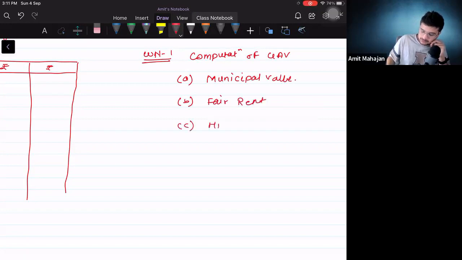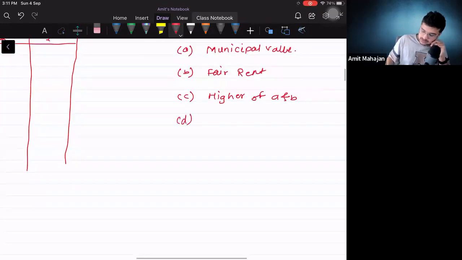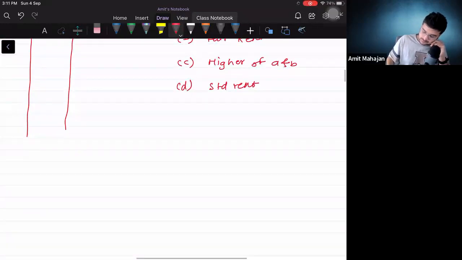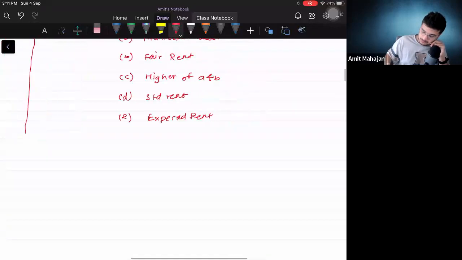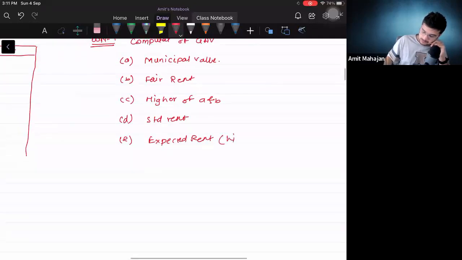C is higher. D is standard rent. E is expected rent. Higher of.